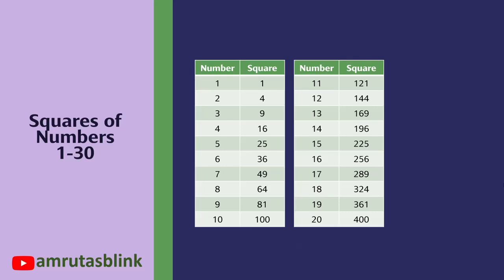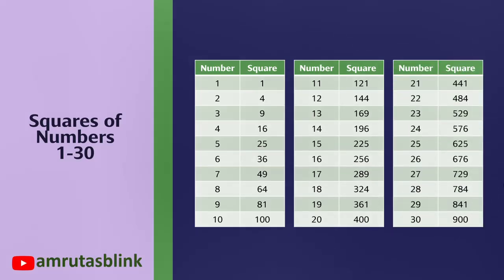And we'll also see squares of numbers 21 to 30. Now what I suggest is, create a chart and display it in front of you, where you can see these square numbers at least once or twice in a day, so that it will become easy for you to learn.